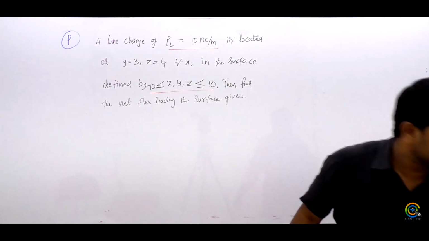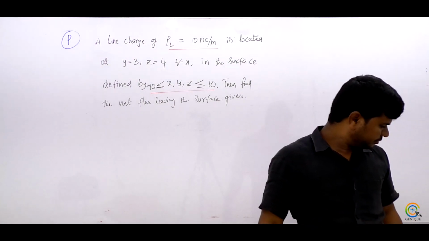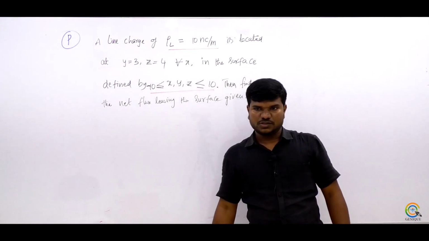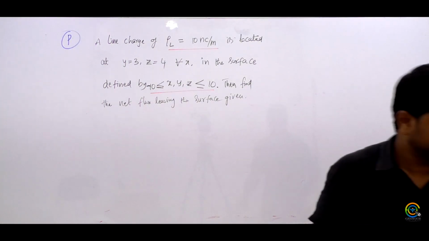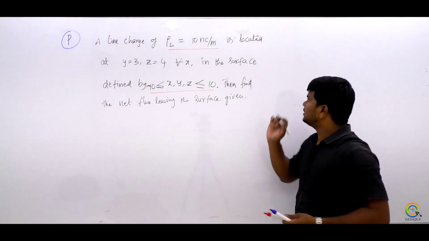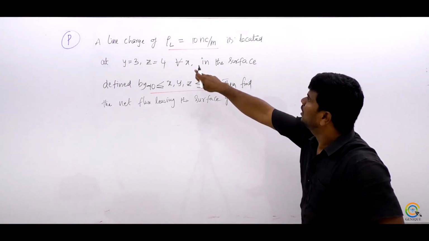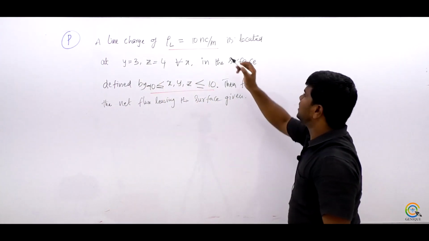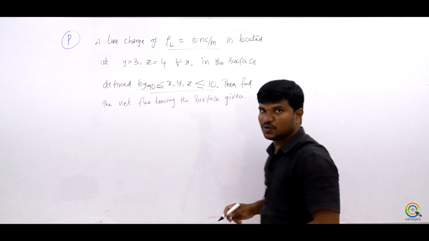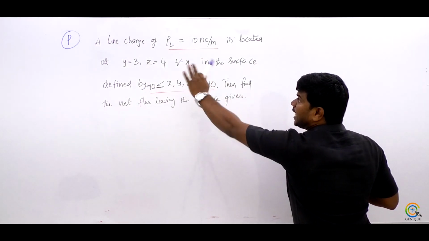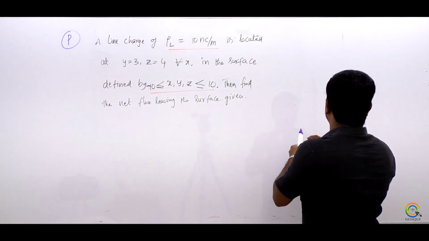So we can visualize this. Observe this, it is a rectangular box. Within the rectangular box, the line charge is placed at y equals 3, z equals 4. That means it is placed in the y, z plane.